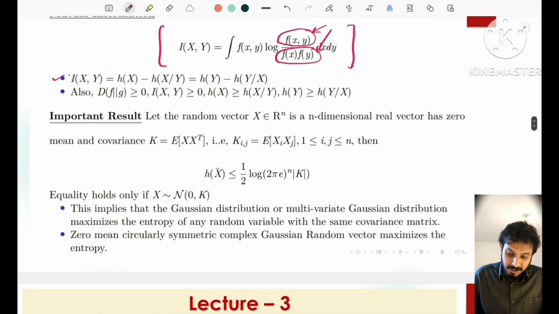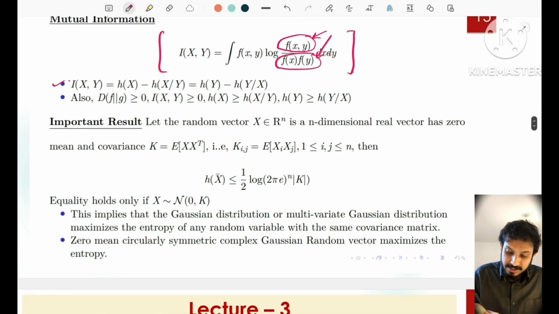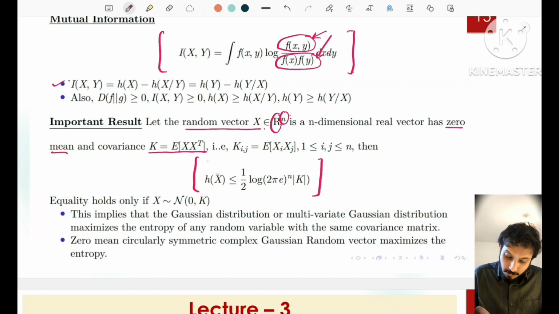And there is an important result for this entropy. Let's say we have a random vector x that is a real vector, n-dimensional, and it has 0 mean and covariance K. In this case, we need to find out which distribution gives the maximum entropy.